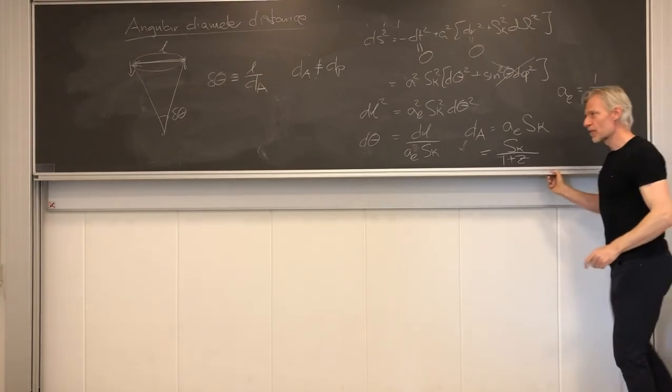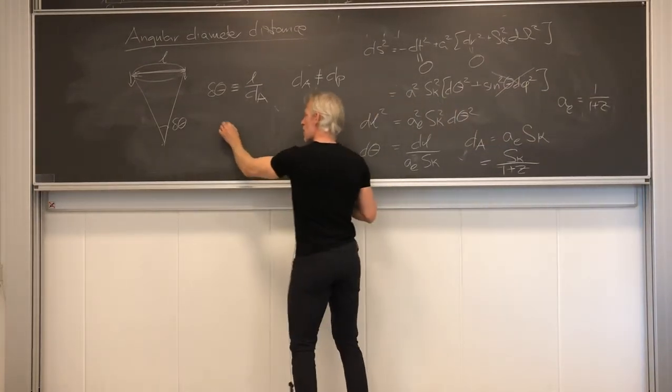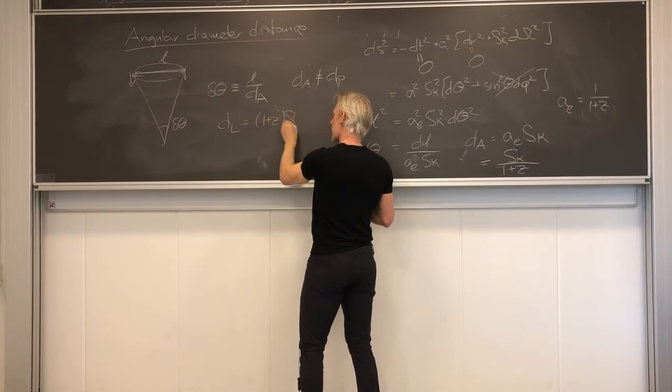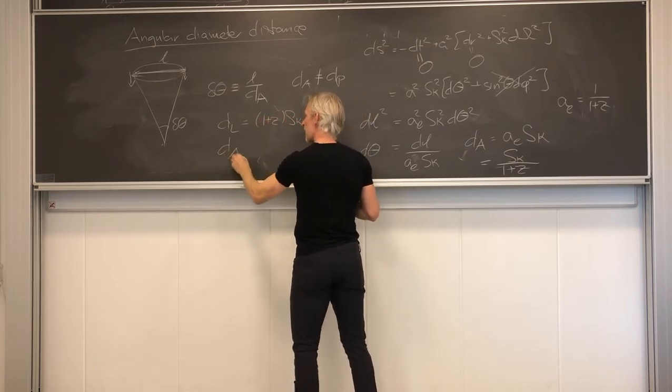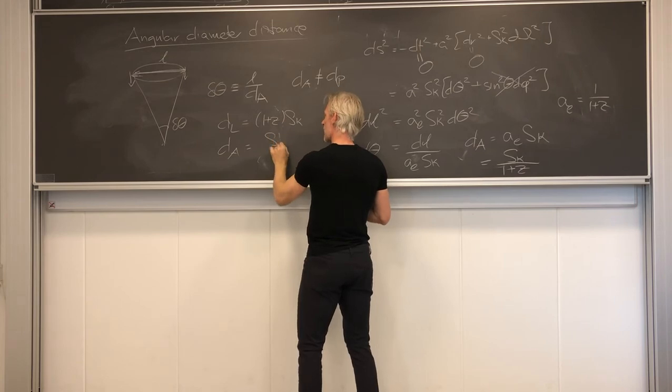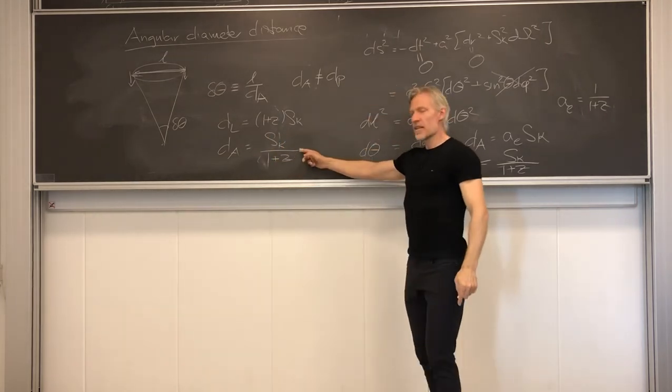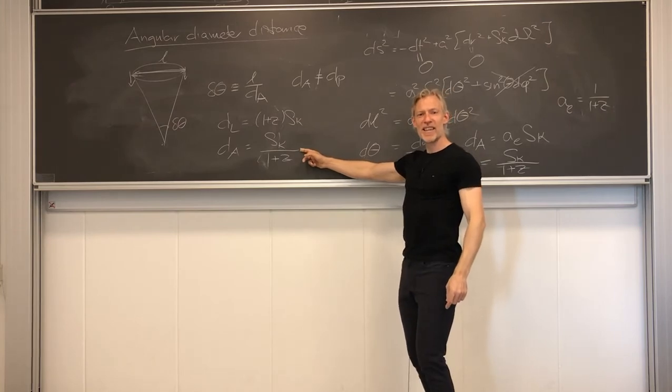So remember, the luminosity distance was 1 plus z times s_kappa. The angular diameter distance is s_kappa divided by 1 plus z. So this actually has a quite weird implication.